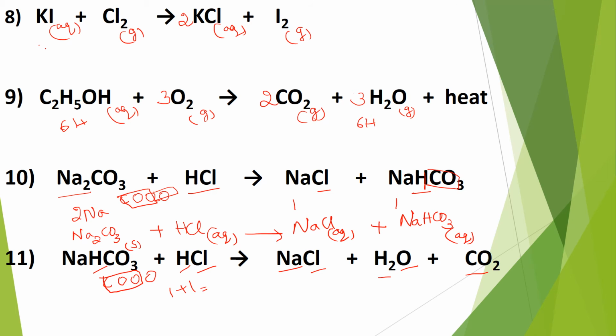So H is 1 plus 1 equal to 2 on the reactant side and 2 on the product side. Now it is balanced. You need to only write the physical state symbols. Sodium hydrogen carbonate is an aqueous solution, sodium chloride again aqueous solution, water is a liquid, carbon dioxide is a gas. This is how you will write the balanced chemical equation.